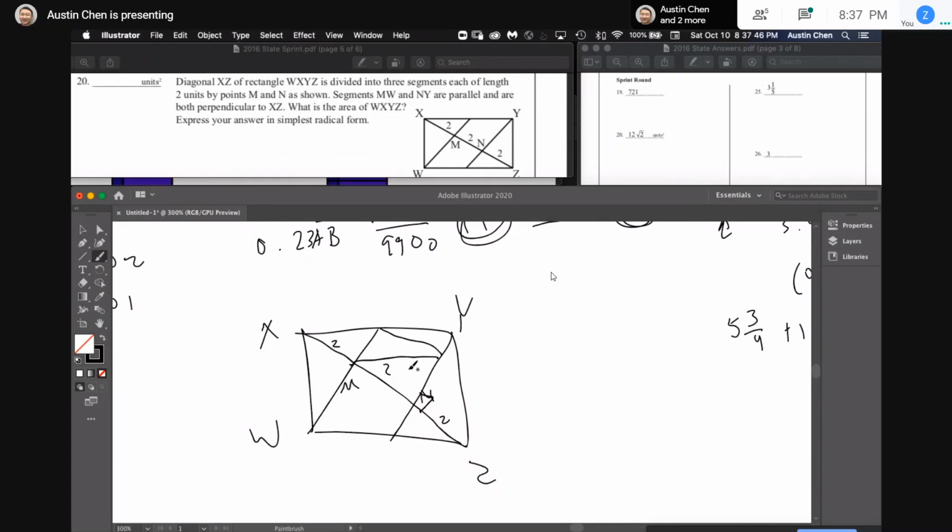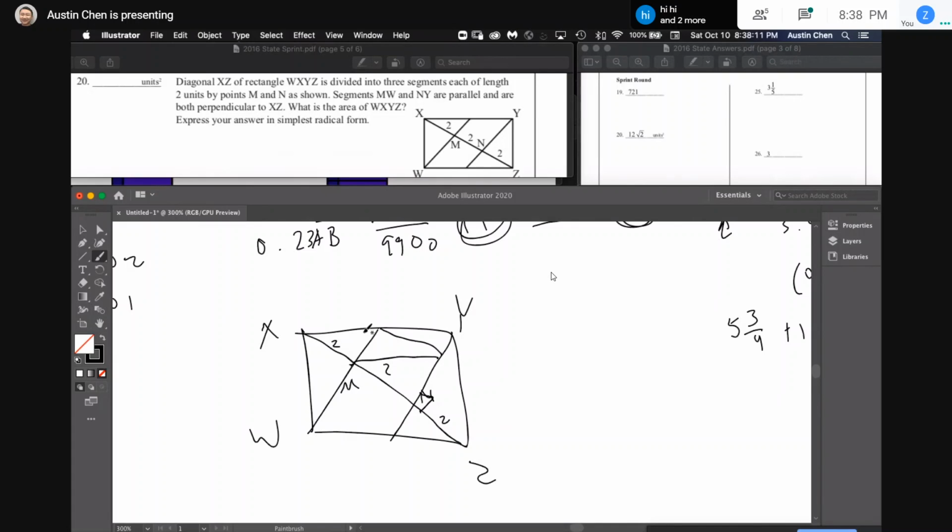If you do that, there's a bunch of congruent triangles. And from what it seems like, if you do that, actually, never mind.